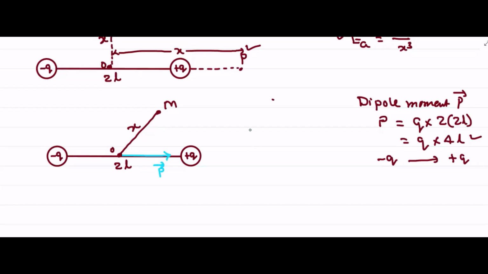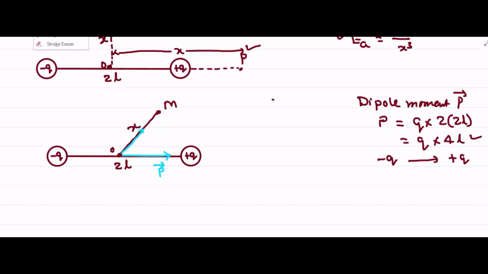We will now use this dipole moment to find the electric field at location M. How? We will do that by finding the components of the vector P. I can take one component along this line OM. Please note that this is vector P, and this is one of the components. The other component I'll take perpendicular to that.